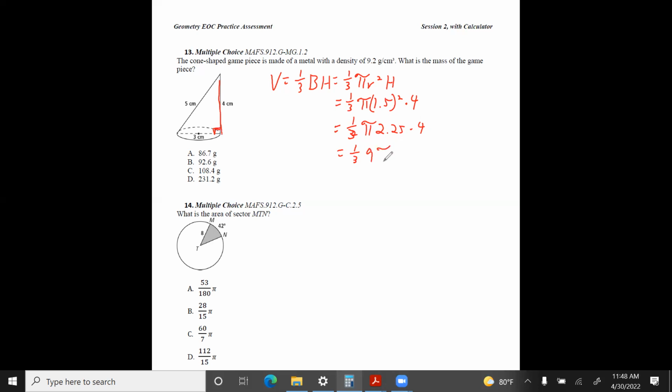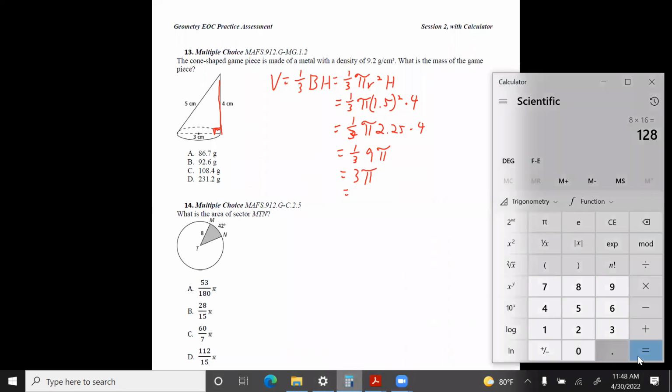So we get 9 pi. 1/3 of 9 is 3. So we get 3 times pi, which at some point we're going to have to plug into the calculator.